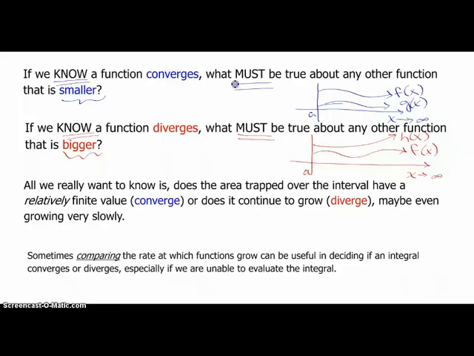Does it converge, or does it continue to grow, heading toward infinity, positive or negative? Or another type of divergence is, does that area never settle down to one value and stay there? So sometimes comparing the rate at which functions grow can be useful in deciding if an integral converges or diverges, especially if we're not able to evaluate the integral we've been given.